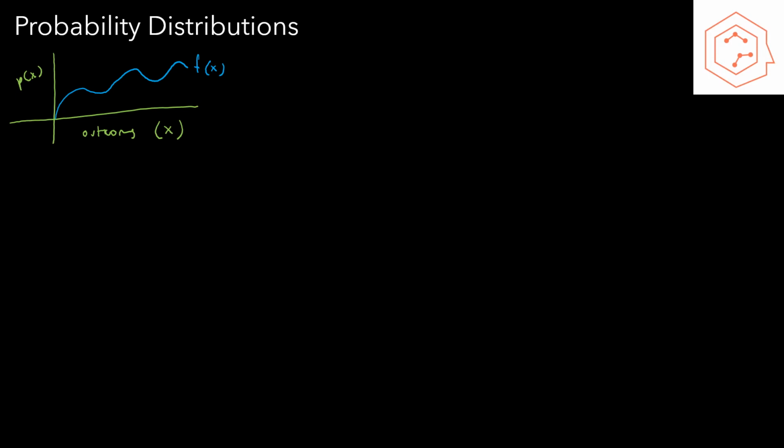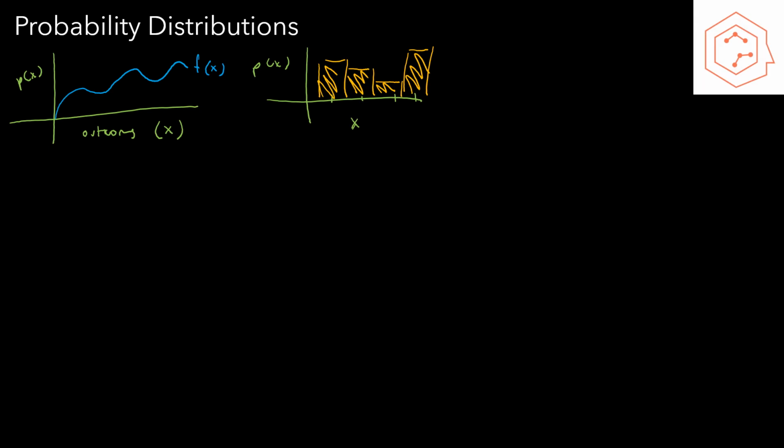If it's a discrete variable, then I will have gaps in between my possible values, and usually you show that as a bar graph. And these graphs, of course, are called probability distributions because they show you how the probability changes or is distributed along all the possible outcomes.